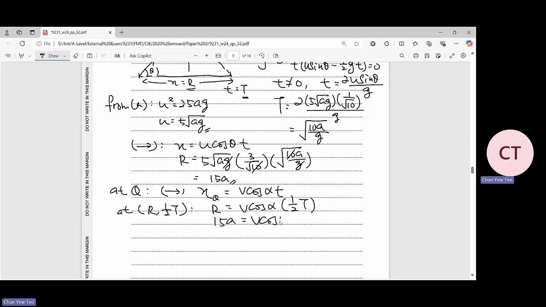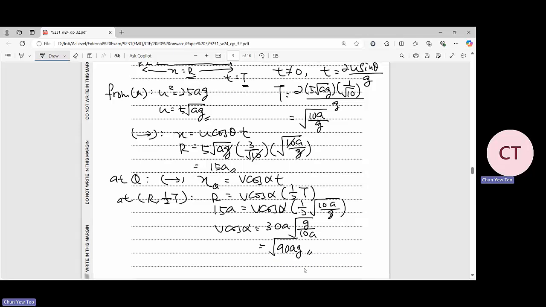So v cos alpha times half of the square root of 10a over g is 15a, then your v cos alpha is actually equal to 30a square root of g over 10a. You can multiply it inside the square root: 900a square g divided by 10a. So 90ag. That is your v cos alpha.